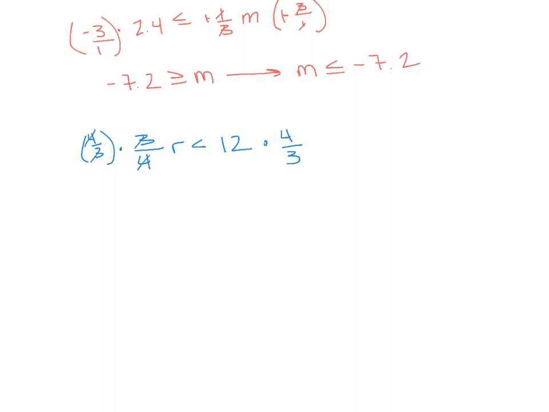And it gives us r is less than 3 goes into 3 once and into 12 4 times. 4 times 4 is 16. Since I didn't divide by a negative number, I keep my sign the same. And if I were to graph that, since the variable is on the left side, I can just do it like normal and follow my little rule. All right.